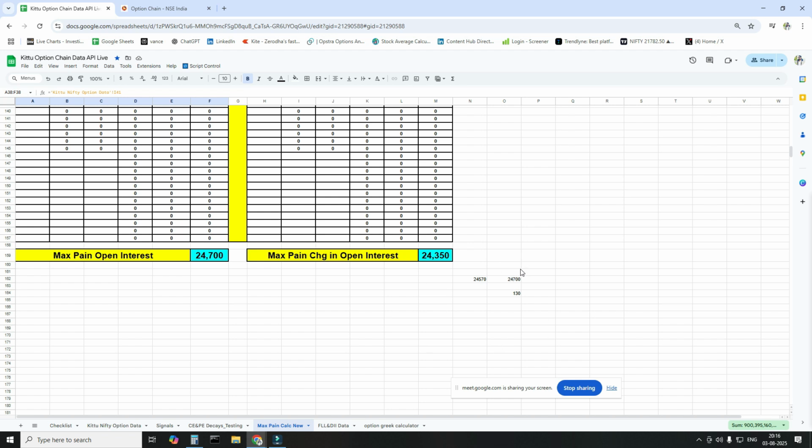Even if you are taking positions at 24,700, you might think prices will go above, but no. Whether you are an option buyer or anyone, all the contracts will be converted to zero unless the market is below this level. So we have to identify this like option sellers. 24,700 is the support which they anticipate the market will not cross.